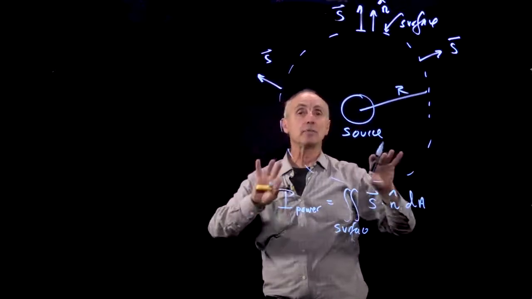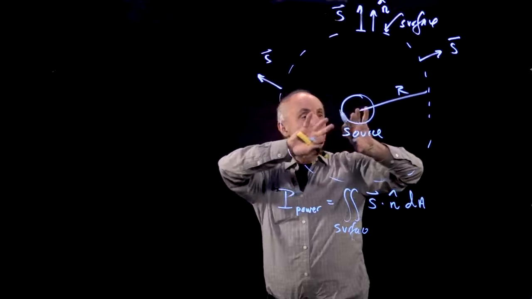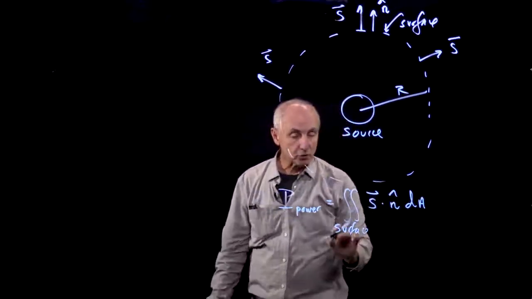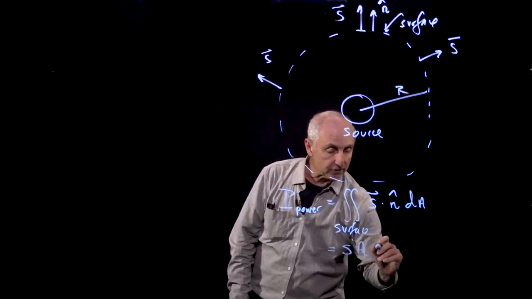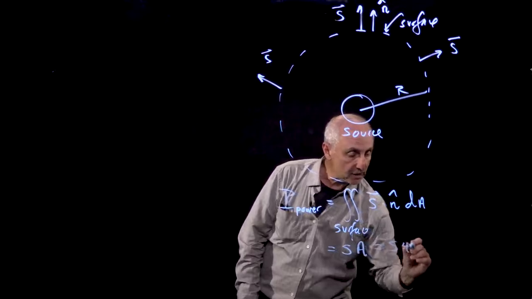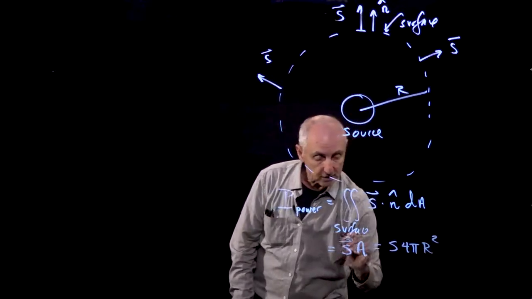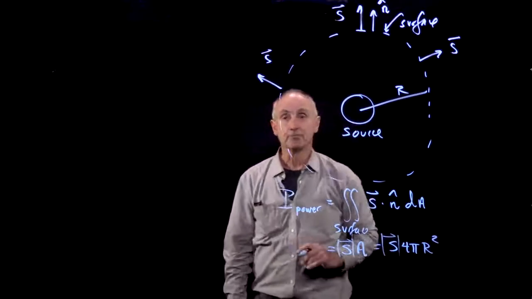So what we're describing is radiation that's spherically symmetric, moving outwards, then this integral becomes very easy. It just becomes S times the area of the surface, which is S times 4 pi r squared, where S, let's write that as the magnitude of the Poynting vector.